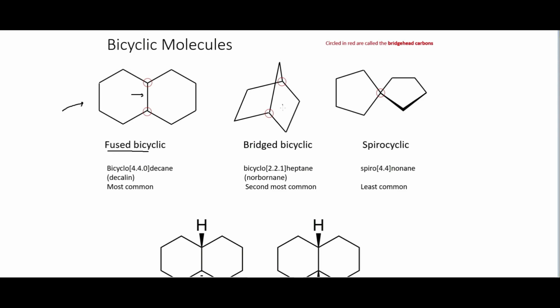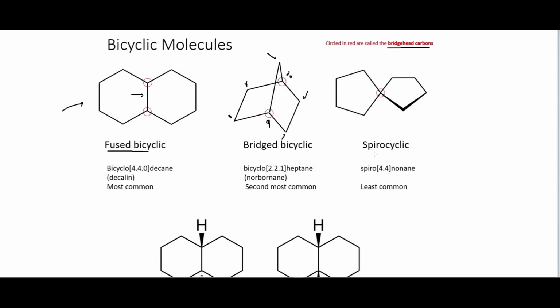We can have the bridged, where now we have this cyclohexane here. So we have 1, 2, 3, 4, 5, 6. But then we have this other carbon that sort of bridges this carbon right here and this one, which is why those ones are circled in red, and those are called the bridgehead carbons, because those are where the bridge connects it.